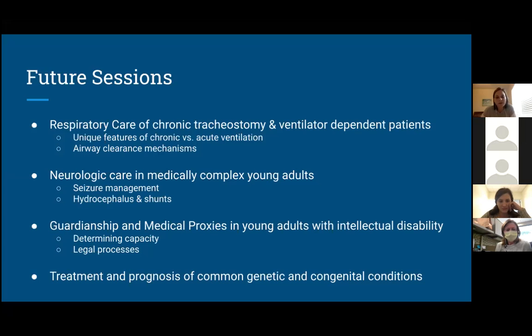We have a couple of guest speakers to talk about guardianship and medical proxies in young adults with intellectual disabilities, for some of the more difficult cases where it's not straightforward whether a patient should have a guardian. And then also treatment and prognosis for some common genetic and congenital conditions, specifically highlighting the new adult treatment guidelines for patients with Down syndrome and several other conditions as well. So planning to highlight those things in the future that hopefully will be really useful to you.